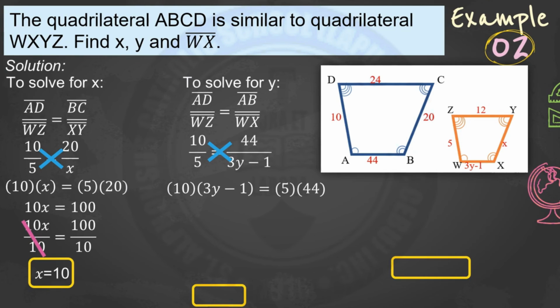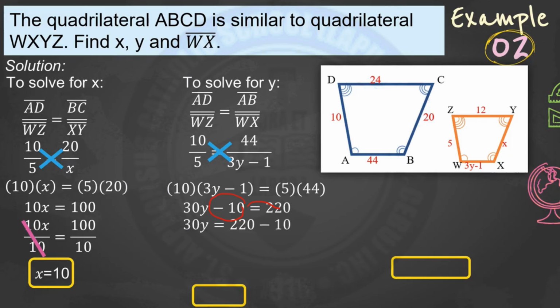Then distribute 10 to the quantity of 3y minus 1. So we have 30y minus 10 equals 220. Then transpose negative 10 to the right side. So we have 30y equals 220 plus 10.